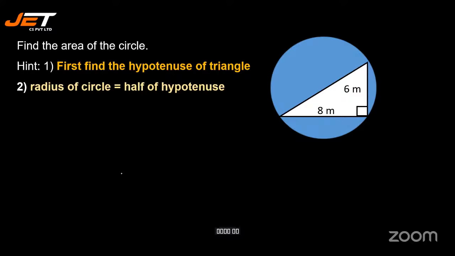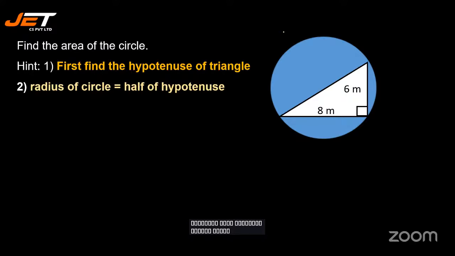They've given you the circle and the triangle which has been inscribed. Inscribed means made to put inside. So the hint is being given. Find the hypotenuse of the triangle. What is the hypotenuse of the triangle?